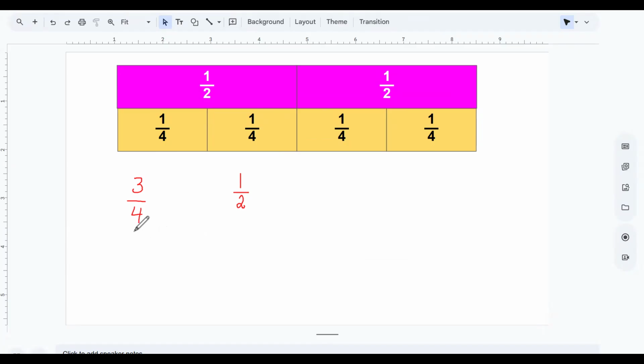Okay, so first thing we have to notice, fourth graders, is that these fractions are of different sizes.